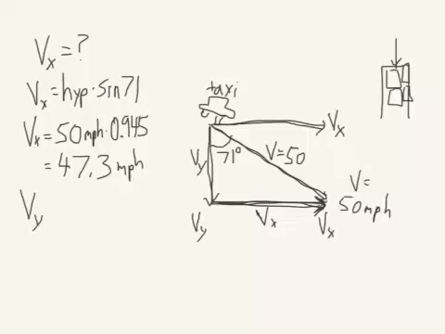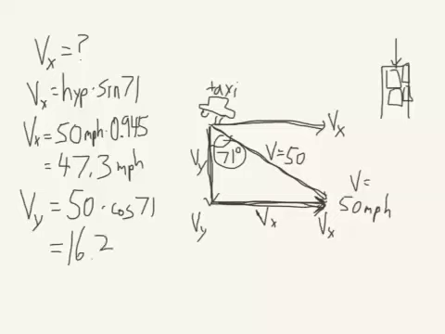And just for completeness, let's find how fast he's going downward. What is the vertical component of this taxi's velocity? Here if we took hypotenuse times sine 71, now we're going to have to take hypotenuse times cosine 71, because this Vy is the adjacent side to the 71 degrees.